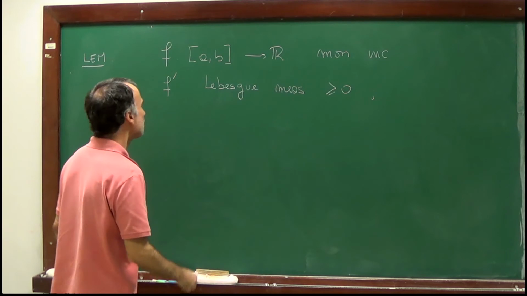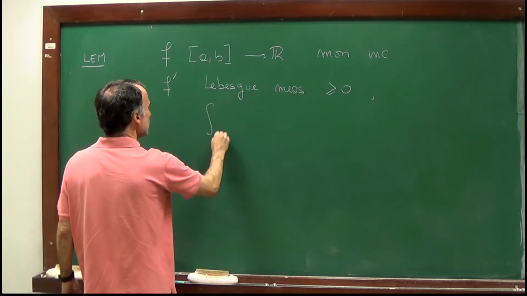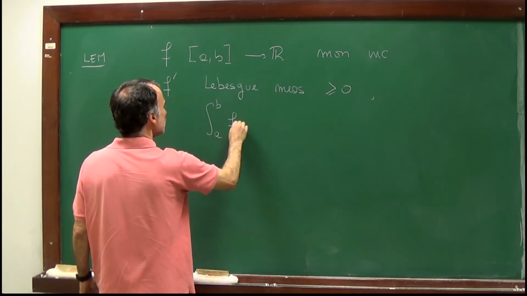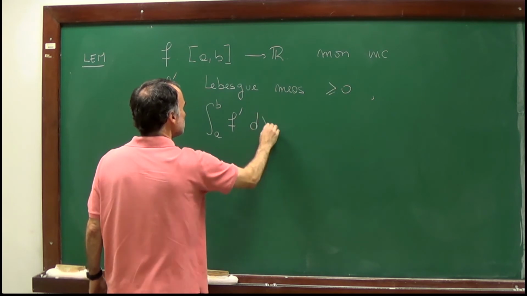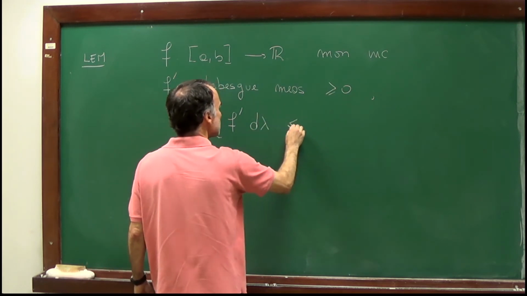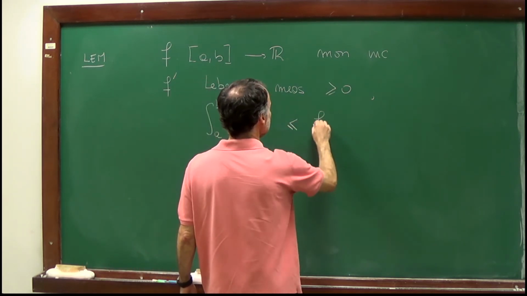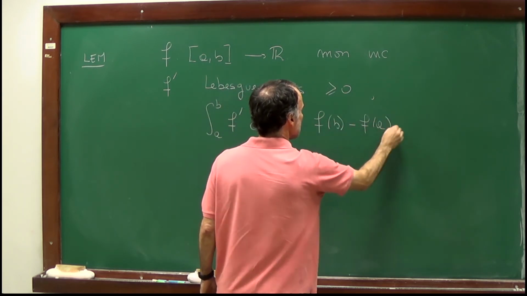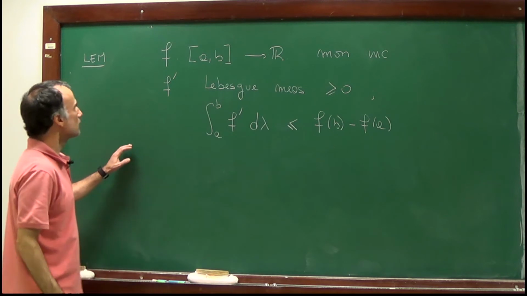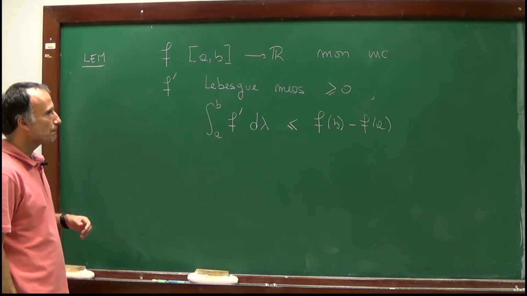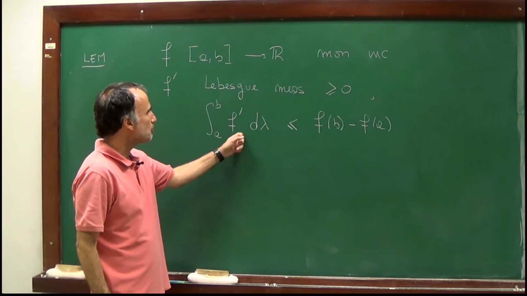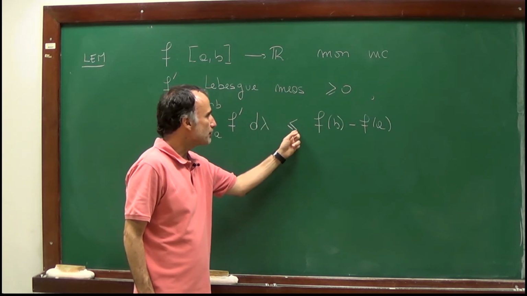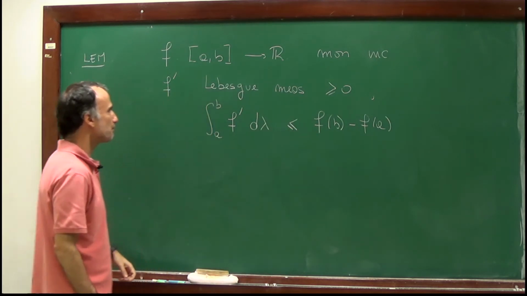And moreover, the integral from a to b of f prime d lambda is less or equal than f(b) minus f(a). So I'll prove that lemma, which is pretty easy, and then I'll give you an example in which this inequality is a strict inequality. Okay?